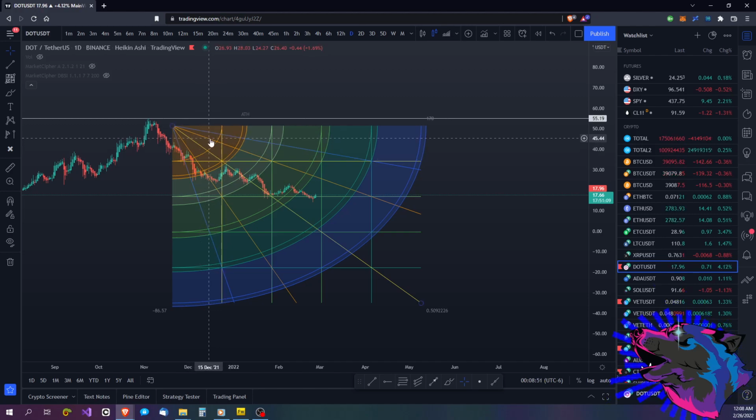And then you come out here to these orange ones, and you can change all the colors, all that good stuff. Come out here to these, and you notice it intersects up here at 2 by 1 and over here at 1 by 2. Come down here, same thing, 4 by 1, 1 by 4.